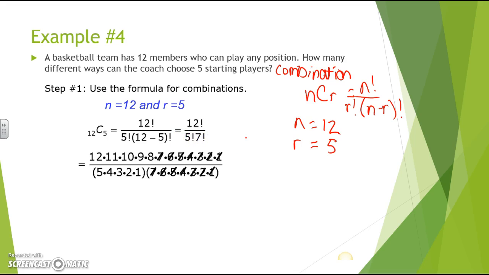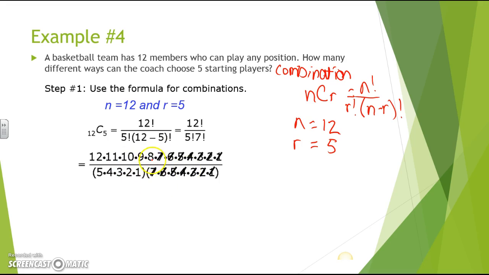So look at how this is set up. Notice we did 12 times 11 times 10 times 9 times 8 times 7 times 6 times 5 times 4 times 3 times 2 times 1, all over 5 factorial, 5 times 4 times 3 times 2 times 1, times your 7 factorial, which is 7 times 6 times 5 times 4 times 3 times 2 times 1.